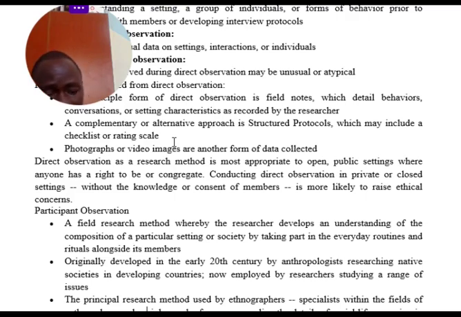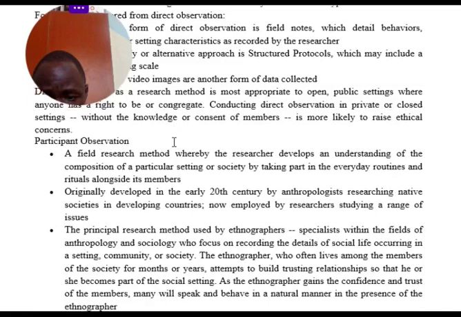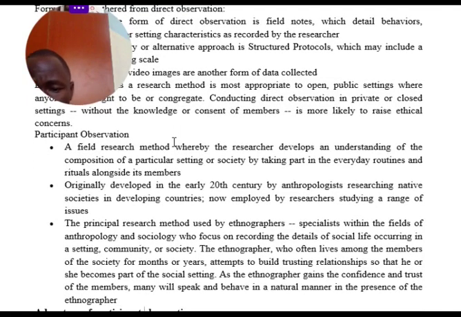Then the other that we can also mention about participant observation of field research: this one was originally developed in the early 20th century. They are saying that researchers from native societies or developing countries had to embrace this research by studying a range of issues concerning the environment.